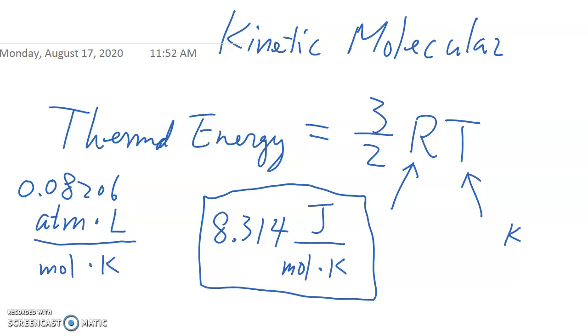So how do we use this kinetic molecular theory? Let me repeat again. It says the thermal energy of a gas is equal to 3/2 times RT. Thermal energy can be converted to another energy, and in our case, since the molecules are free to move before they hit other molecules, we can calculate their kinetic energy.